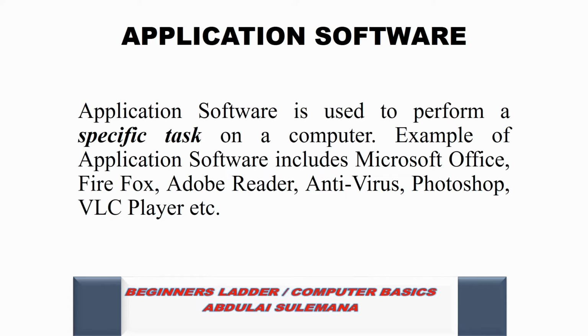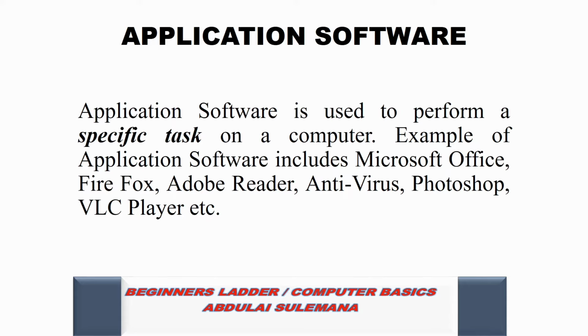You need a book to use the pen on. So the system software provides the resources for the application software to run. So think of the pen. You use a pen to perform a particular task. You can use it to draw a line. You can use it to write a letter. You can use it to create tables and other stuff.